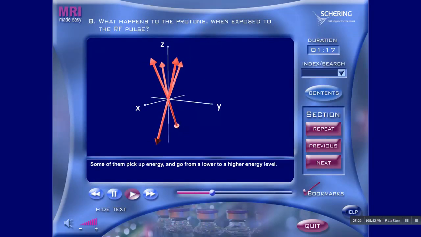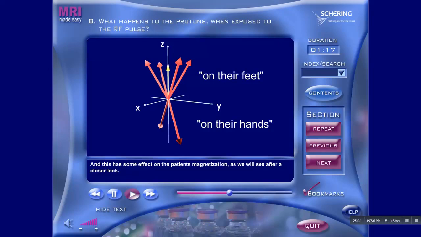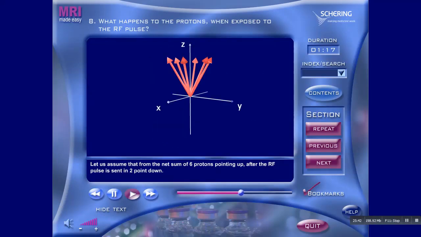Remember, some bears, which were walking on their feet, start walking on their hands. And this has some effect on the patient's magnetization, as we'll see after a closer look. Let's assume that from the net sum of 6 protons pointing up, after the RF pulse is sent in, 2 point down.